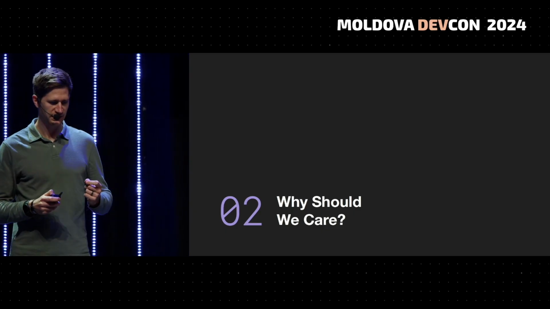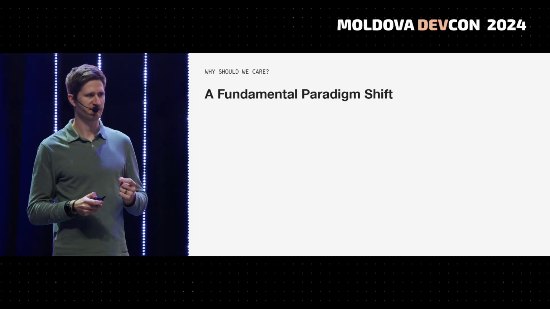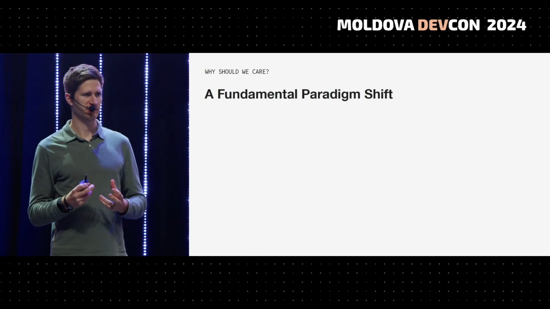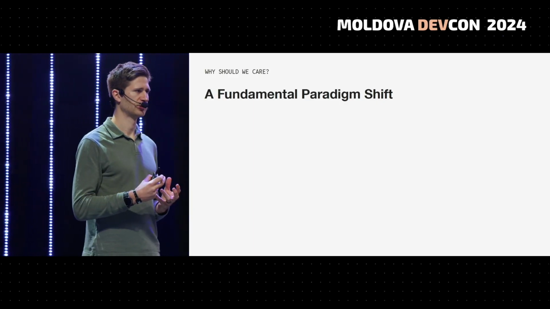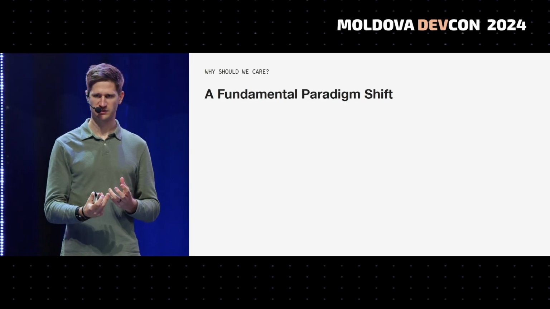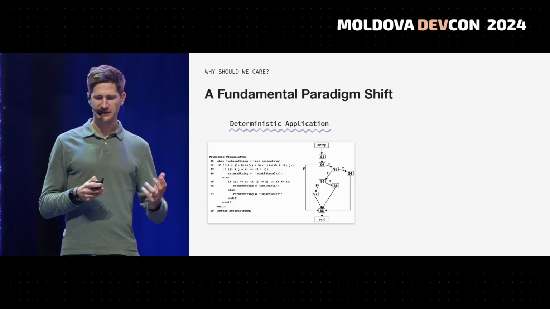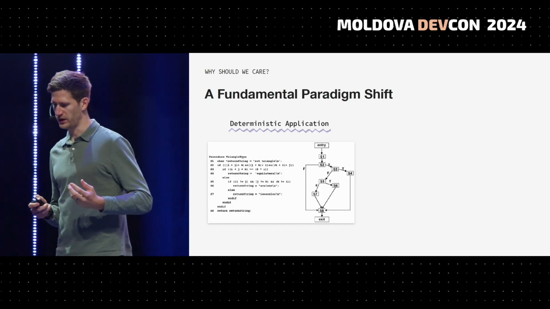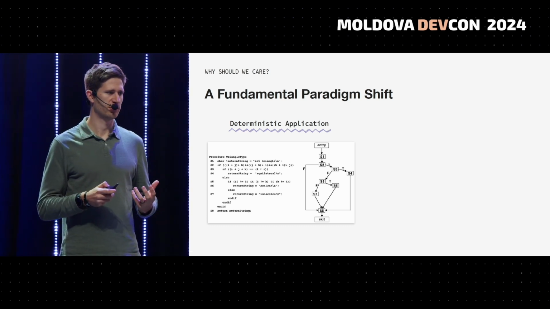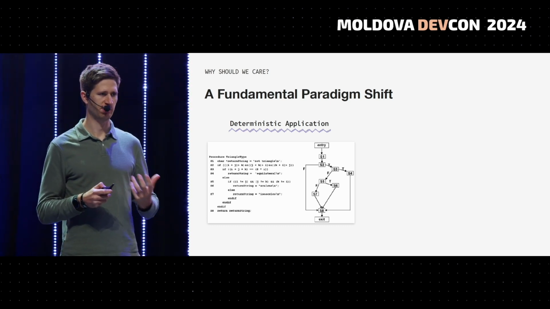But the one that I really want to highlight is the fact that this is fundamentally a paradigm shift in terms of how we go about creating software services, or software solutions, rather. Typically, what we are very much used to when we design and build software solutions is we follow the approach of building a deterministic application.